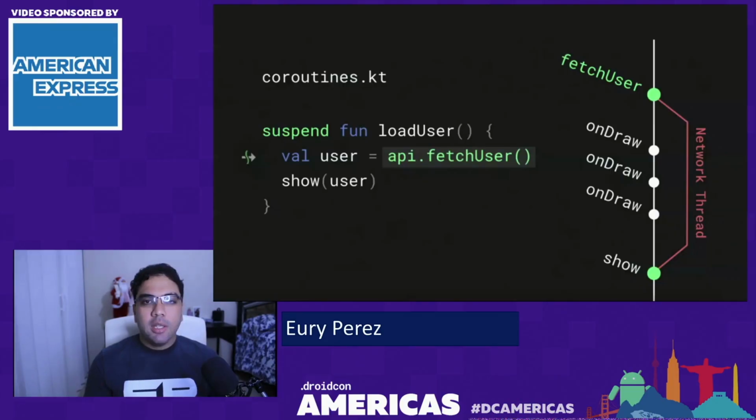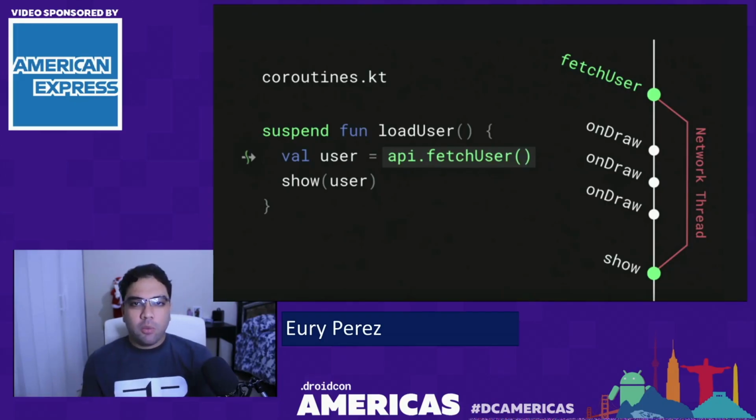This is an image from a talk a while ago, when people from Google started talking about coroutines. I always love to use this image because it's really clear on what coroutines are and how they work. Here we have a small example of a suspend function, which is a function that can be run in a coroutine.